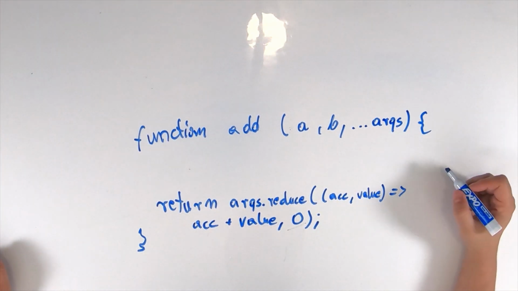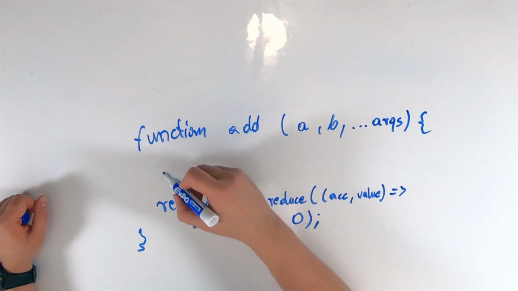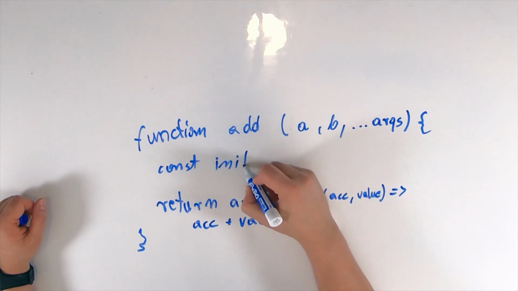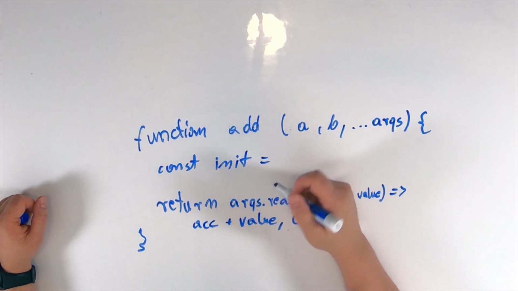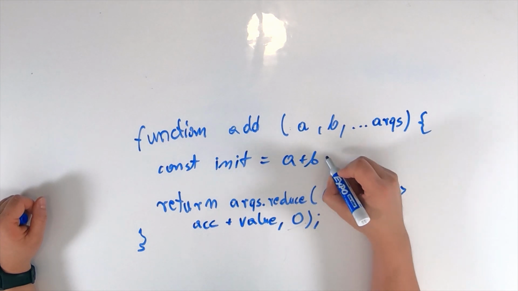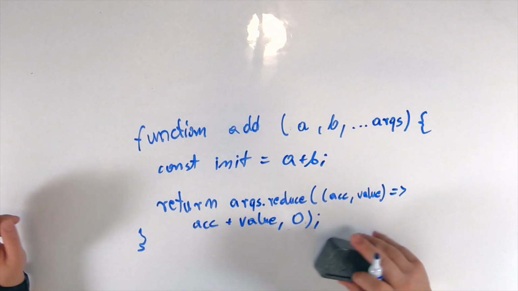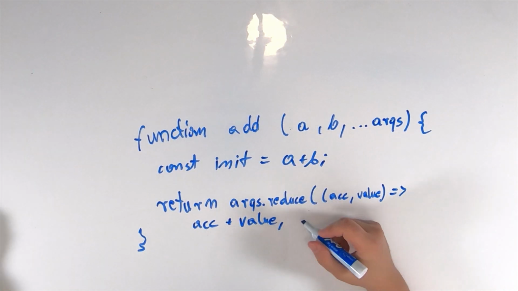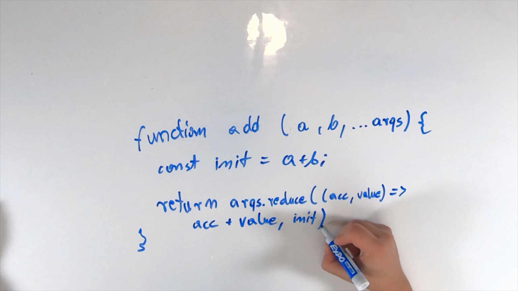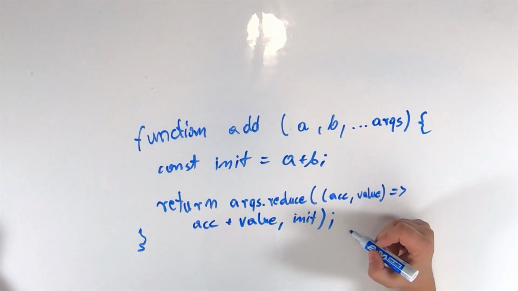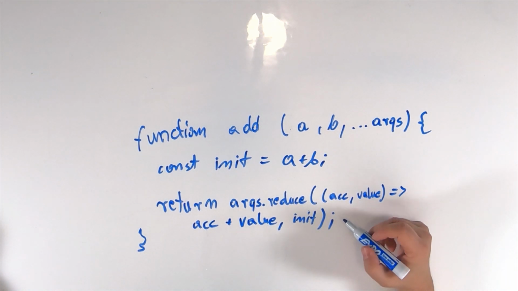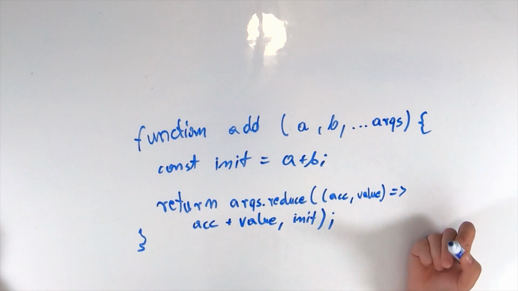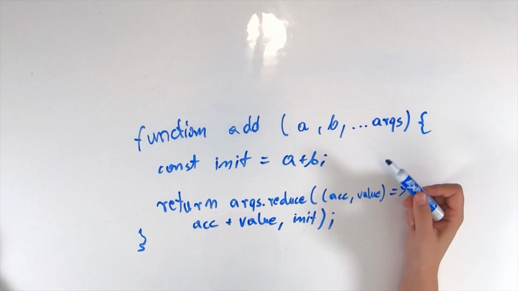And now I am declaring some initial value init, which is equal to a plus b. And we're going to use the reduce function again, but the initial value is not 0, but init. So what it does, it adds the first arguments and uses init to initialize the reduce function. And if there is any additional argument, it will be added to init.